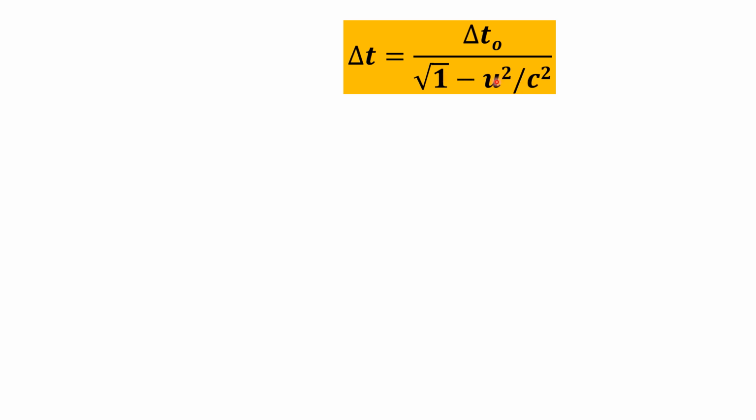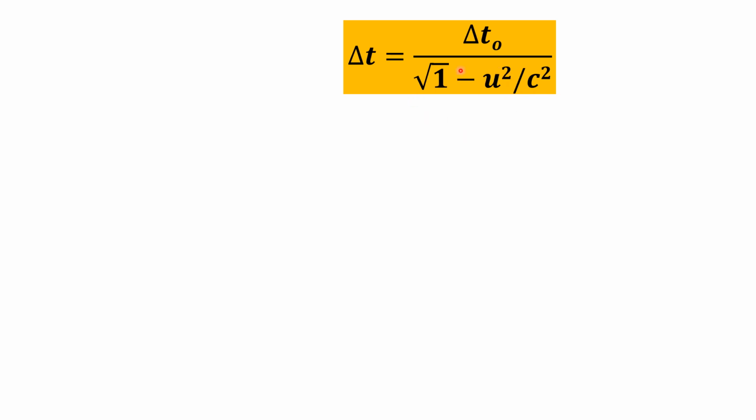So as u approaches the speed of light, delta t will be considered a relativistic time. That means the formula is valid.